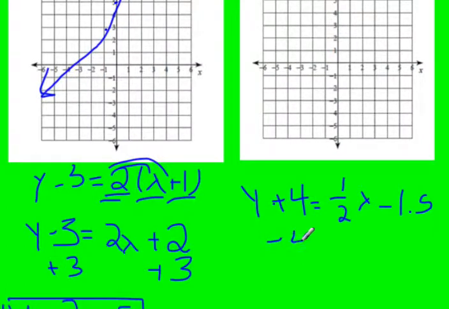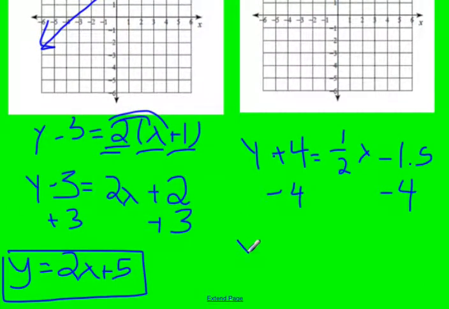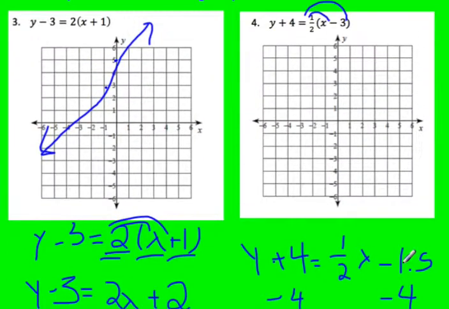Since that's a positive 4, I'm going to subtract 4 from both sides. And then I end up getting that y is equal to 1/2 x, and negative 1.5 minus 4 is going to be negative 5.5. So we're crossing the y-axis, going down 5, and then halfway to 6, which is going to be about right here.